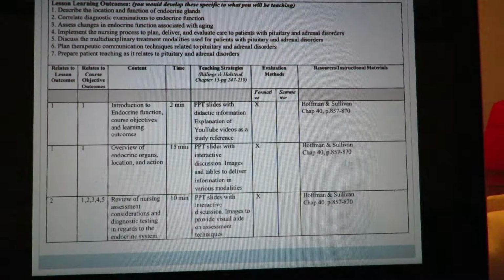My lesson learning outcomes were specific to what I was teaching. With the topics that I was teaching, my goal was to describe the location and function of the different endocrine glands. This was a general overview.